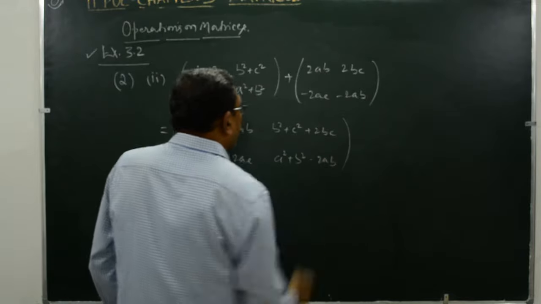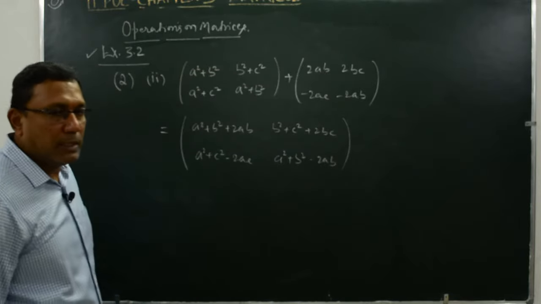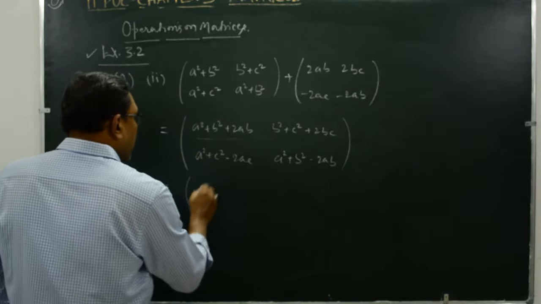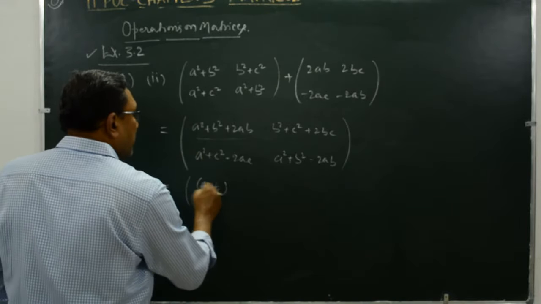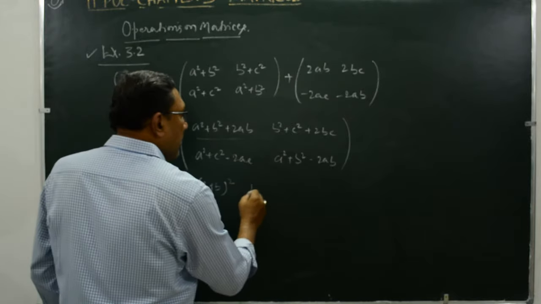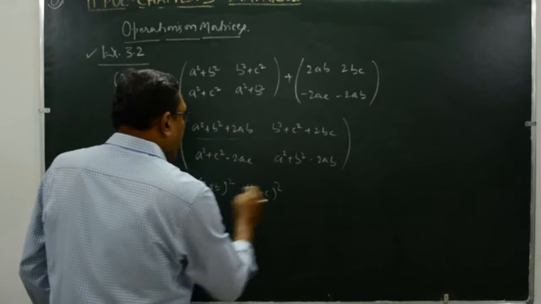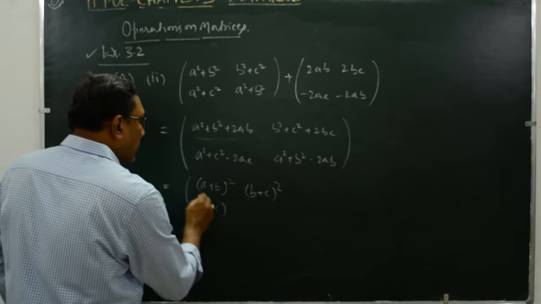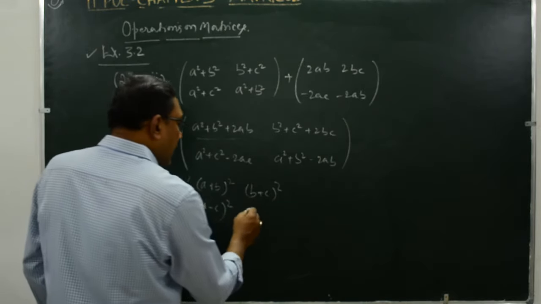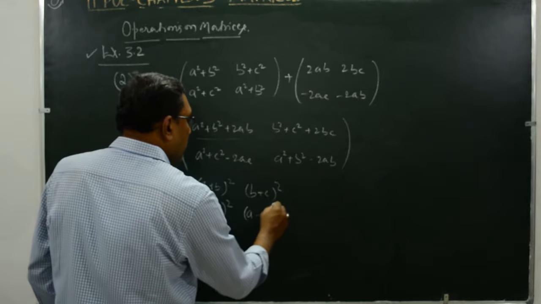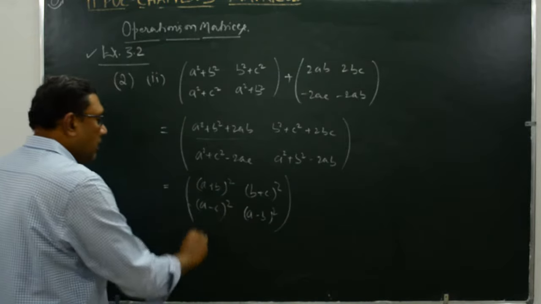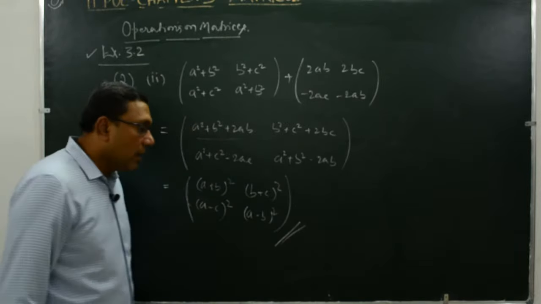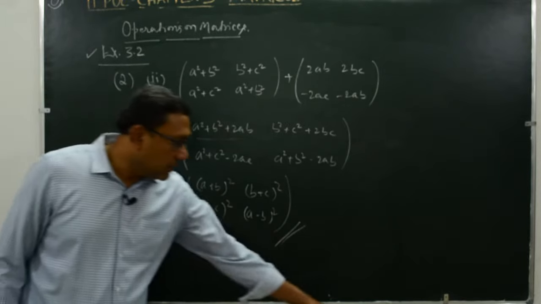We all know it's just an algebraic equation where this constitutes A plus B whole square, this will be B plus C whole square, this will be A minus C whole square and this will be A minus B whole square. This is the resultant matrix when we perform the addition of two matrices.